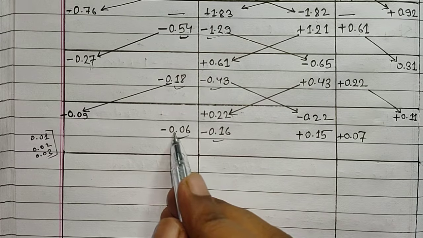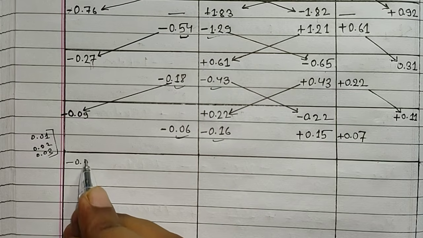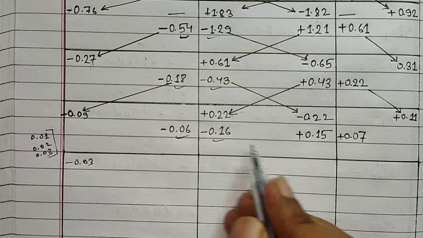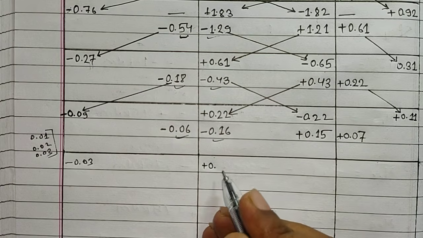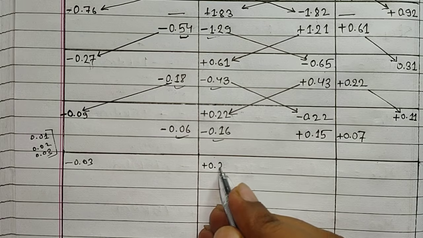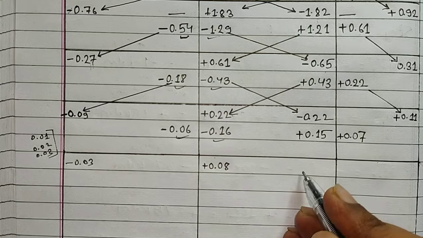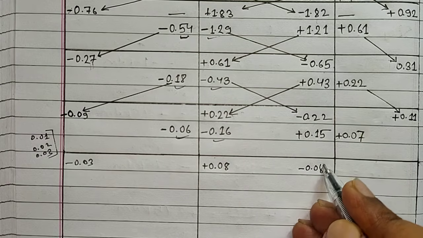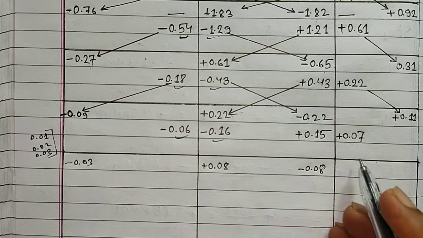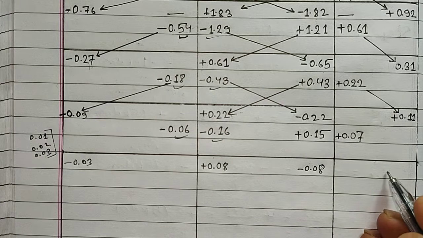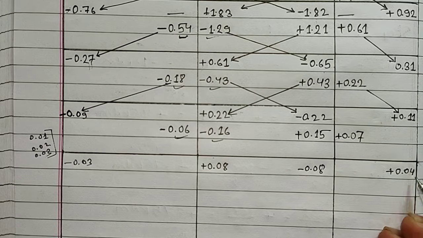As we have got 0.06, on half we will have here minus 0.03, and this value is going to be plus 0.08, and half of this is also going to be minus 0.08. On round off we will get 0.08, and again this will have here plus 0.035, which will be equal to 0.04.